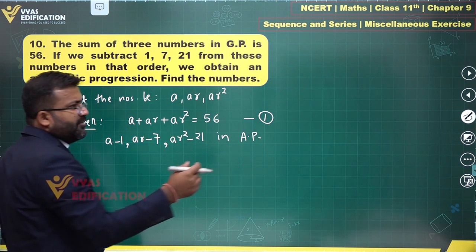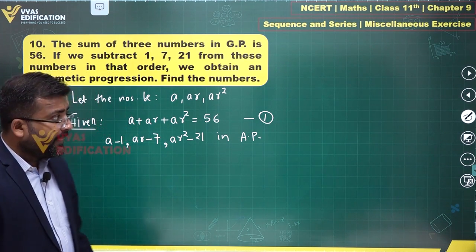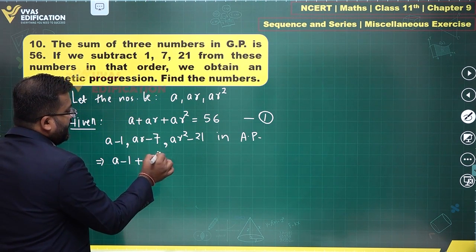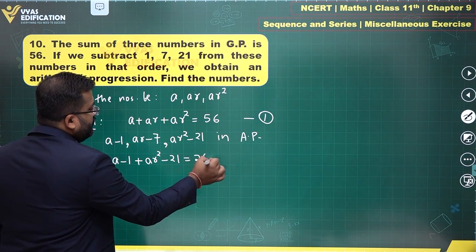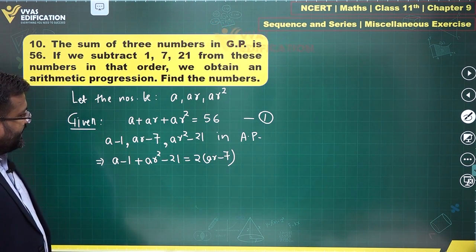Okay. If three numbers A, B, C are in arithmetic progression, can we say that 2B is equal to A plus C? Yes. So what do we have? A minus 1 plus AR square minus 21 is equal to 2 times AR minus 7. And this looks like the second condition.